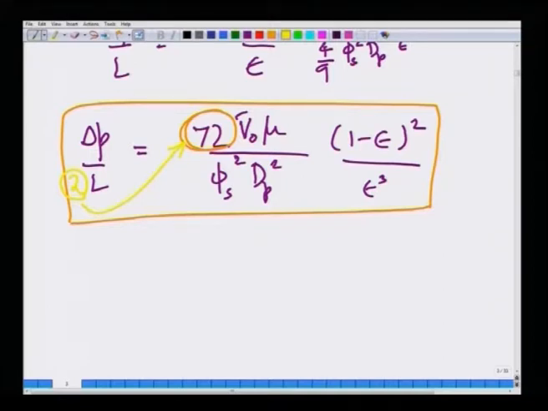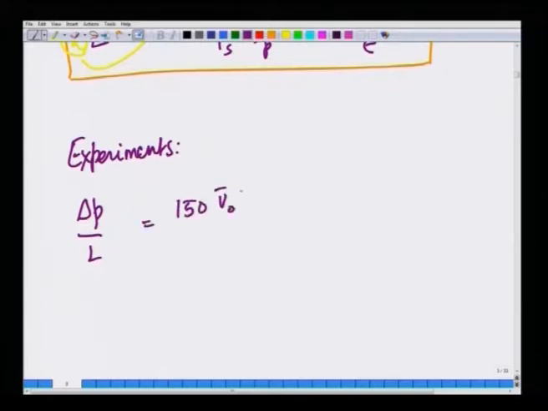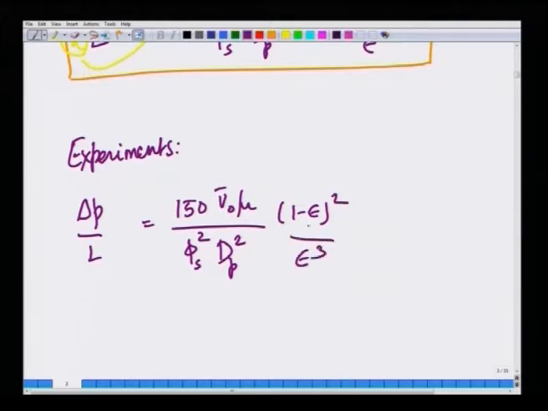If you do experiments, you will find that experiments tell us that at low Reynolds numbers, delta P by L is 150 V naught mu by phi s squared dp squared times 1 minus epsilon squared by epsilon cube.